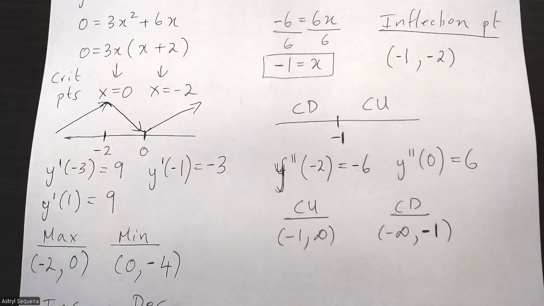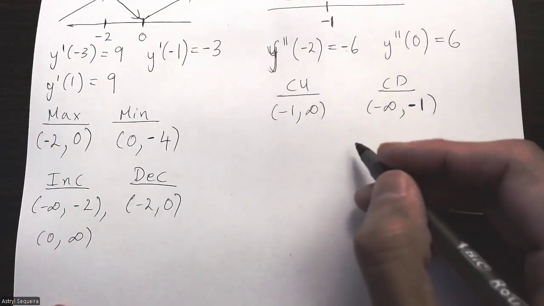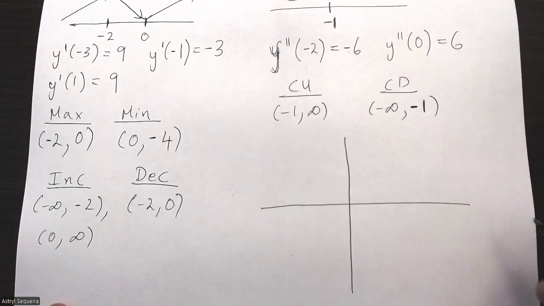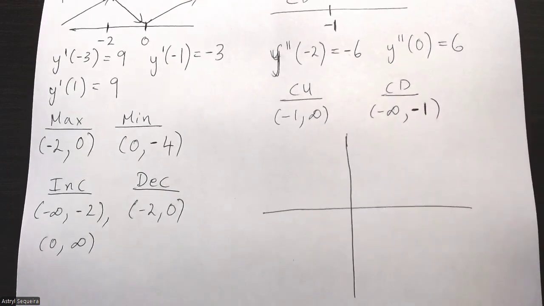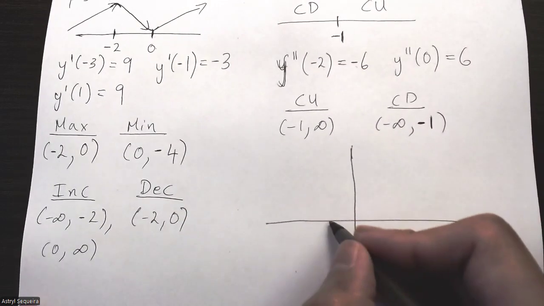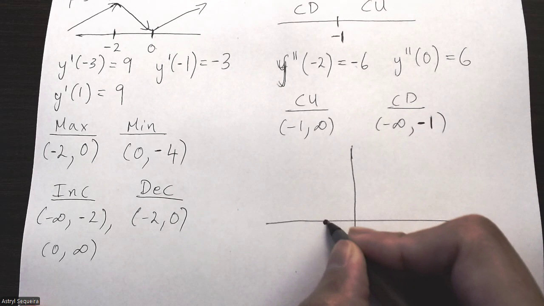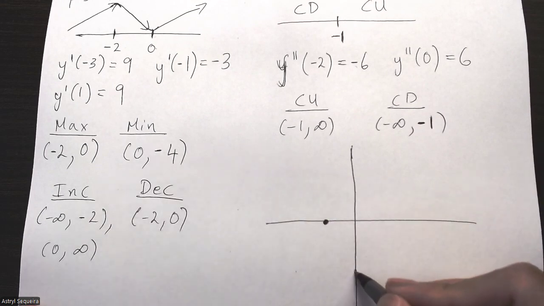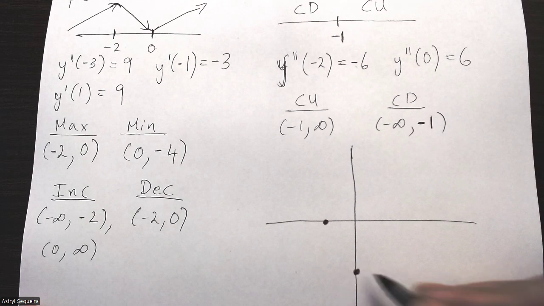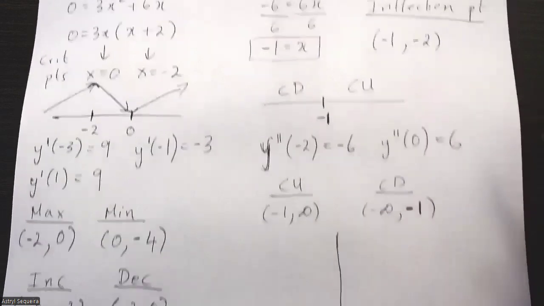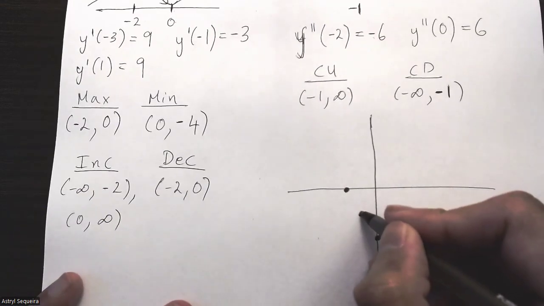The last thing I'll do in this question is sketch this out. Sketching it out is pretty easy. All you want to do is put your max. So we have a max at (-2, 0), a min at (0, -4), and then I have an inflection point at (-1, -2).